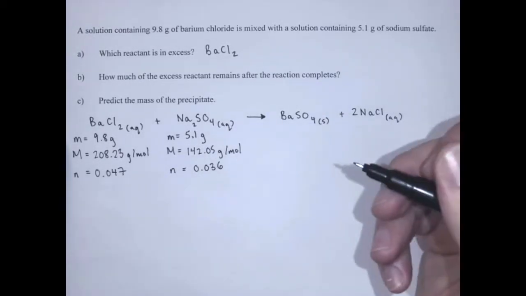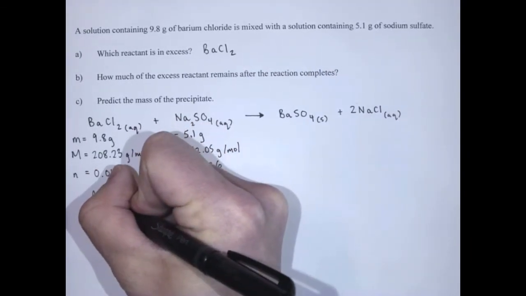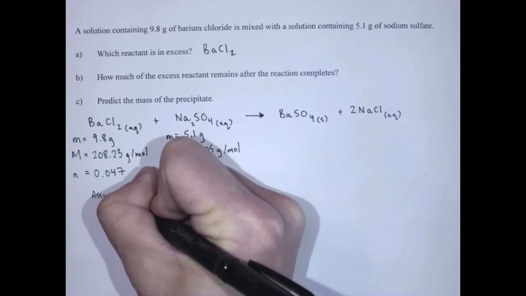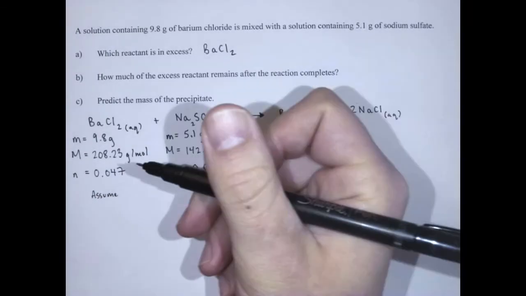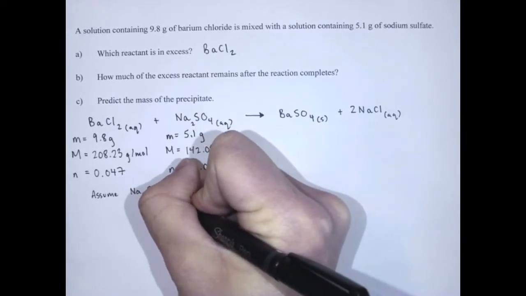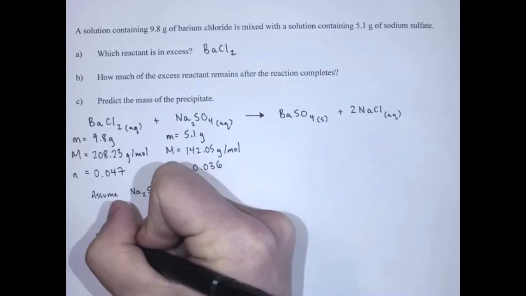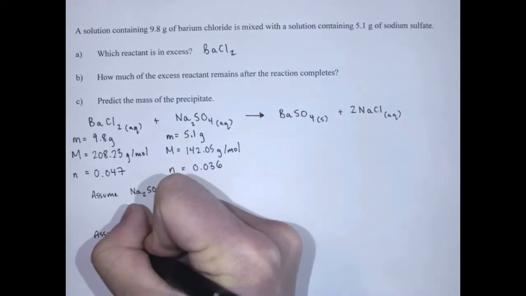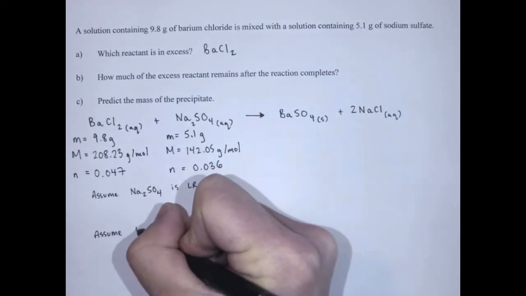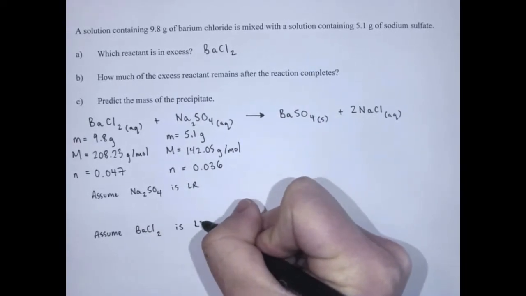What we can do is we assume that each reactant is the limiting reactant. So I assume sodium sulfate is the limiting reactant, and as a second option, I'm going to assume barium chloride is the limiting reactant. Now, just bear with me.